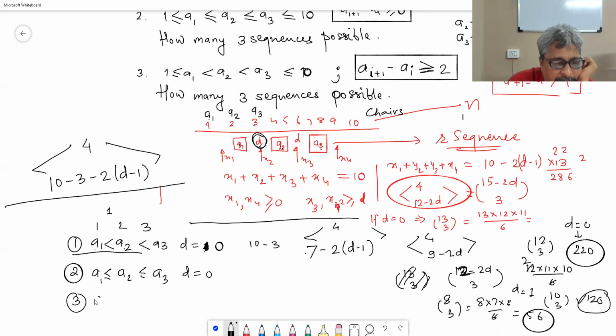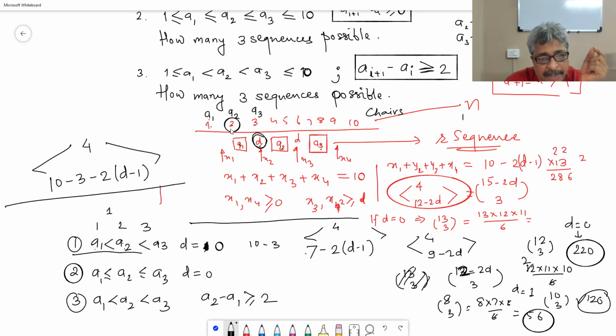In the third problem, A1 is less than A2 is less than A3, and A2 minus A1 is greater than or equal to 2. Therefore, number of chairs to be put between them is 1. If A1 is 1, then chair number 2 must be kept empty, and A2 can go and sit very close to A1 at 3.